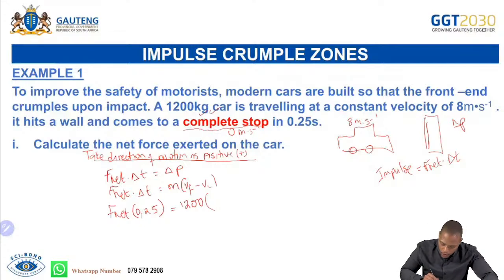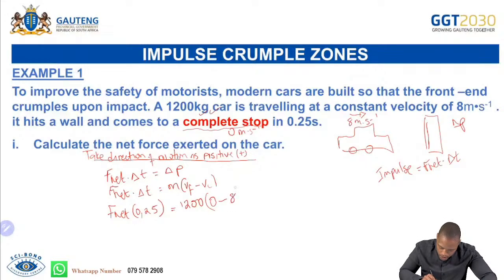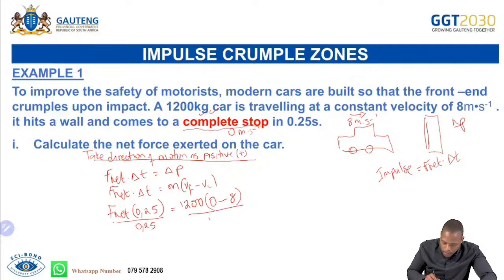So the final velocity of the car will be 0 since the car comes to a complete stop. When something is stopped, it's not moving, it cannot have a velocity greater than 0. Right. And the initial velocity was 8 meters per second, in the direction of the motion, and the direction of the motion is positive. So I'll substitute it as positive there, and then I will divide by 0.25 on both sides.